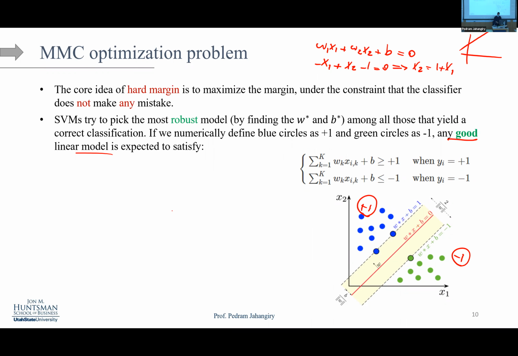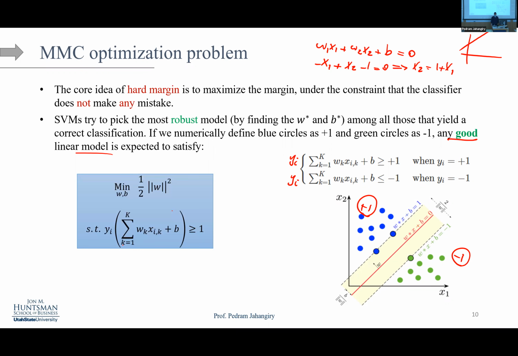All right, now I can combine these two constraints in one. So let's see how we can do that. If I multiply both of these equations by y, then I can summarize it to one equation, right? So this is the optimization problem that we have at the end of the day. So just pay attention. If this yi is equal to 1, we know that this is the constraint.